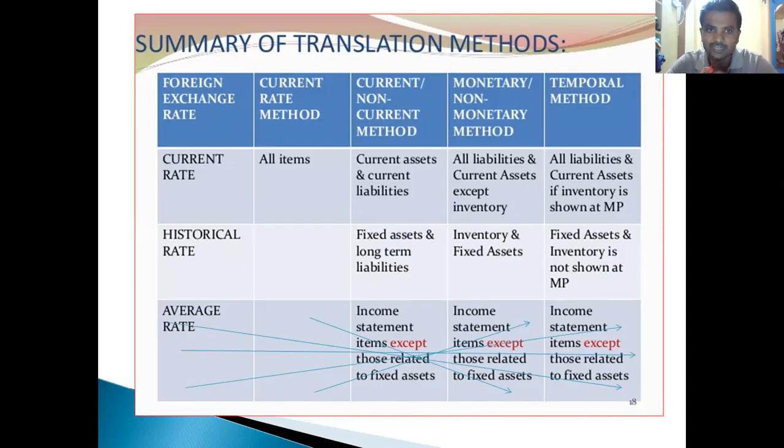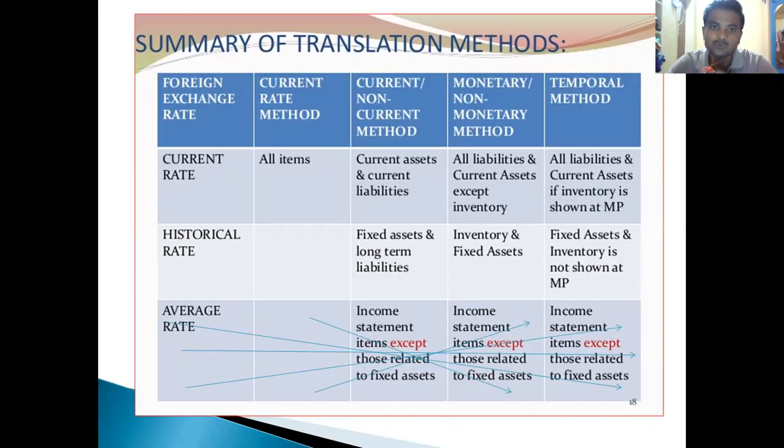By using the current rate method, all the items that come under the balance sheet, whether short term liability, long term liability, fixed assets or current assets, should be converted at the current rate. That method we call the current rate method, irrespective of the item.